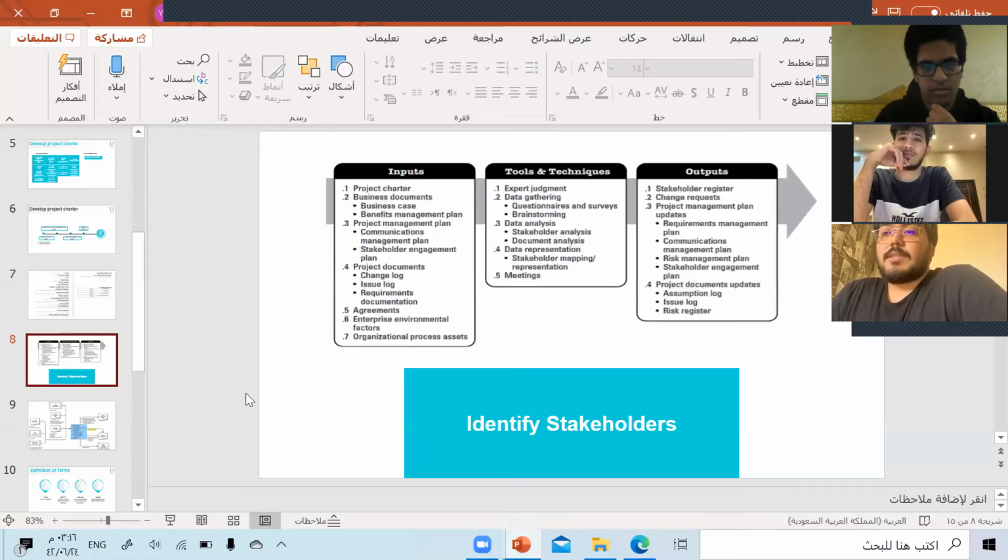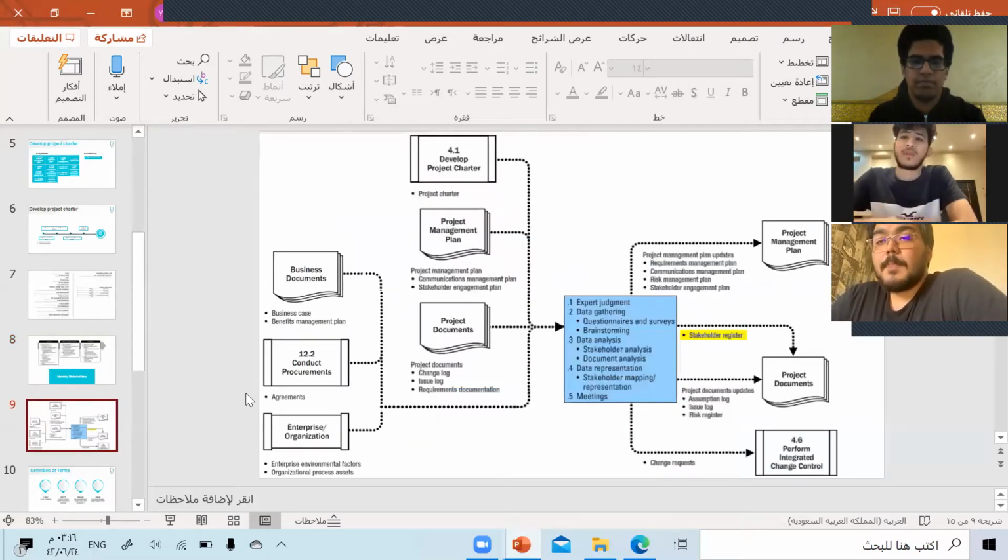Let's go next. In this flowchart, all the inputs, tools, techniques, and outputs are the same as in the previous slide, but the PMI organization made this flowchart to make it easy to understand.